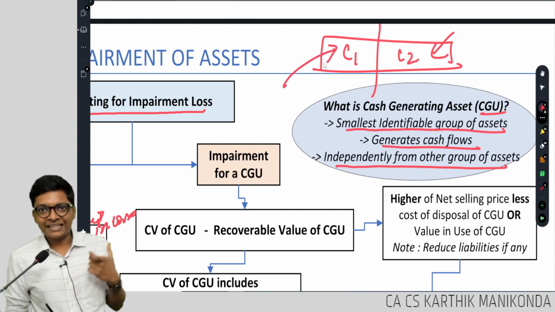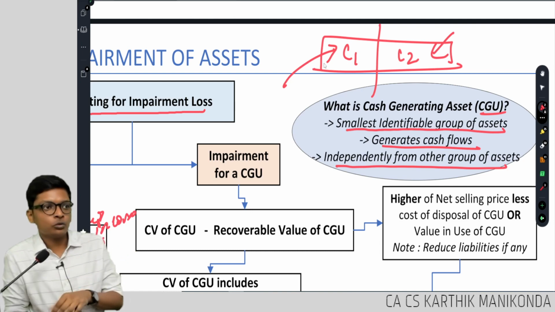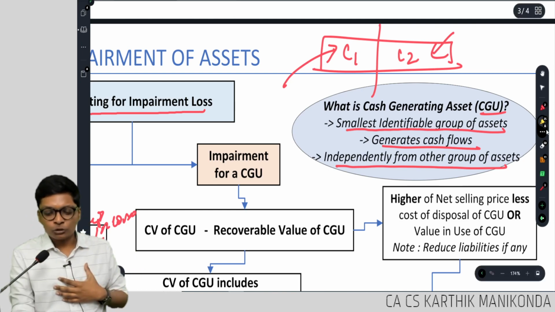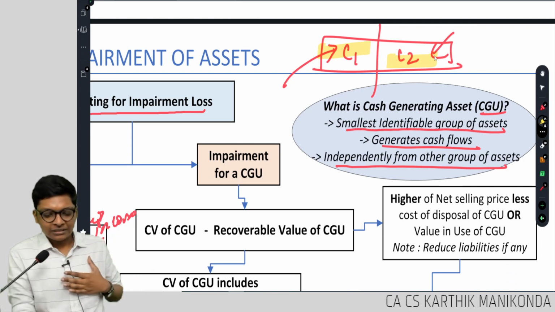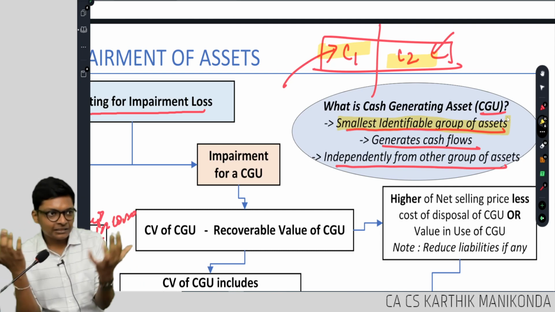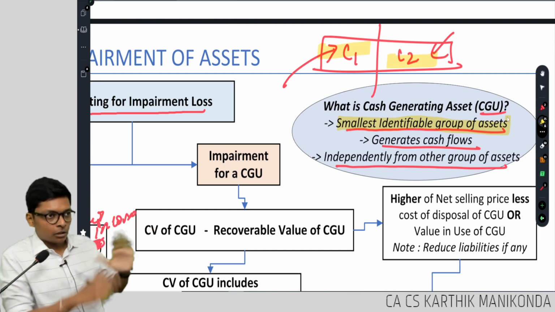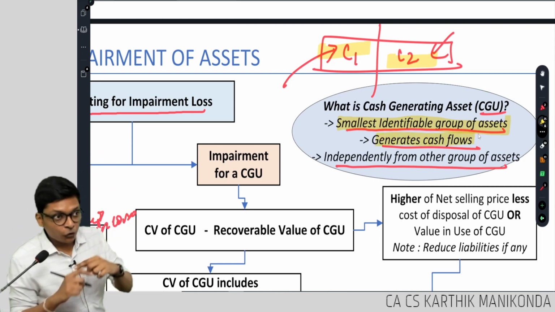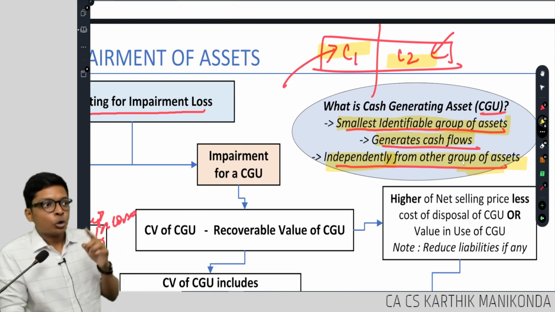Now, can I say classroom 1 is one CGU, classroom 2 is another CGU? The academy is one entity. Can I say classroom 1 and classroom 2 are separate CGUs? Look at this. The smallest identifiable group of assets in this classroom, chair, no table, sorry, AC, projector, all these are the smallest group of assets that generates cash flow together independently from other groups of assets.